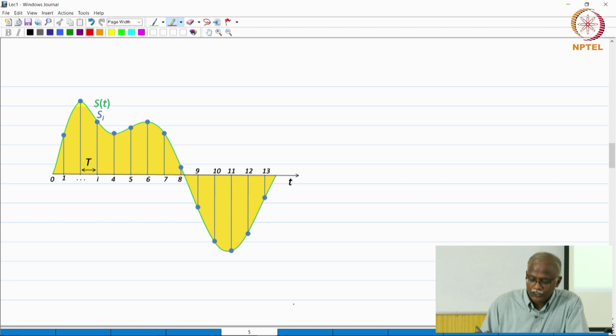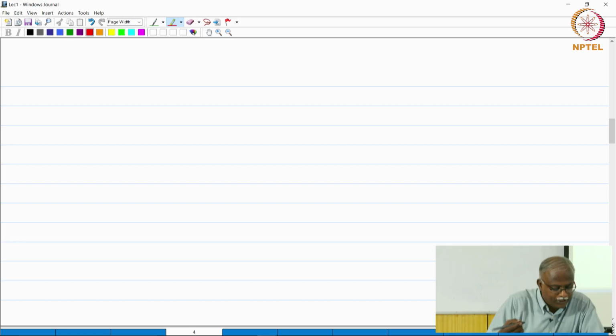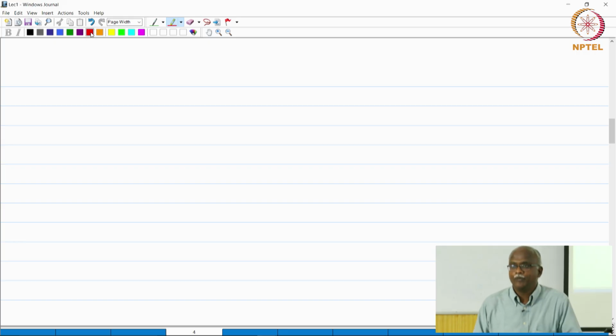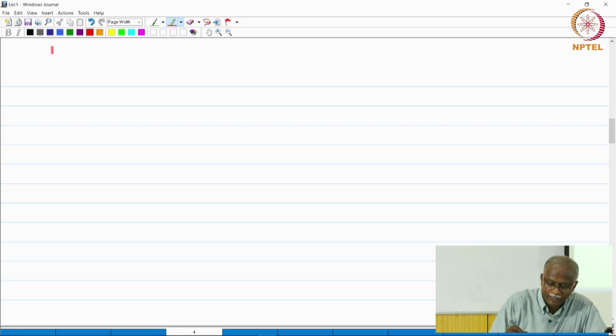And in order for us to begin to enter this framework of a sampled representation, we need to understand when sampling is an acceptable representation of a continuous time signal without loss of information. Again, that is a well-known concept both in communications and signal processing, but nevertheless, I would like to introduce it as part of this discussion as well.